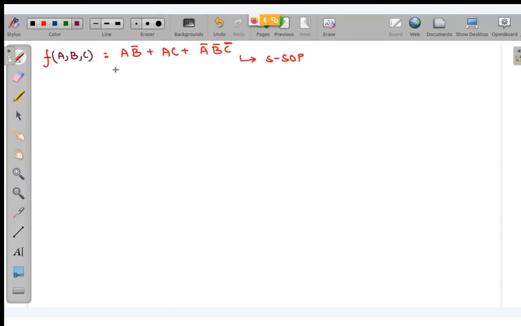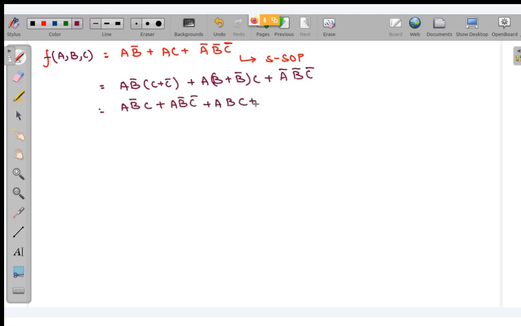So if I want to convert it into standard SOP, here C is missing, here B is missing. So this is A B complement C plus A B bar C bar plus A B C plus A B complement C plus A bar B bar C bar.